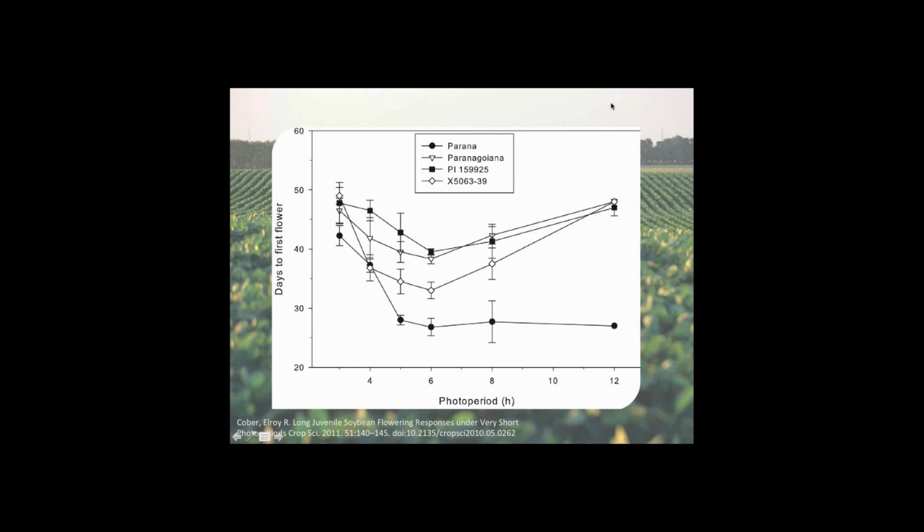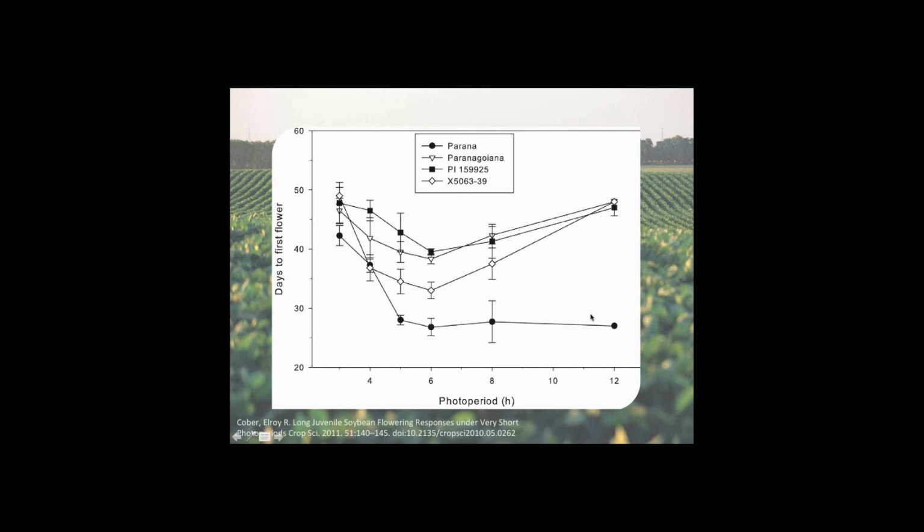Alroy Kober did some experiments comparing the conventional lines to 3 different long juvenile varieties. So I'm hoping that my cursor can show you. At the bottom here, we have the conventional, as in the non-long juvenile Parana variety.